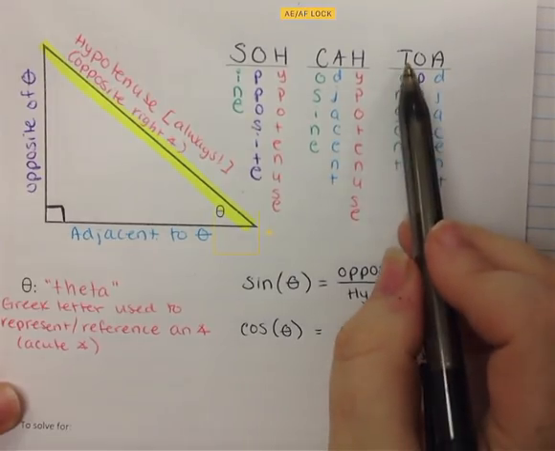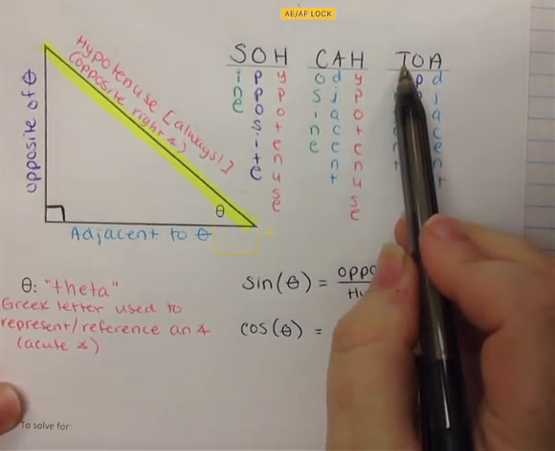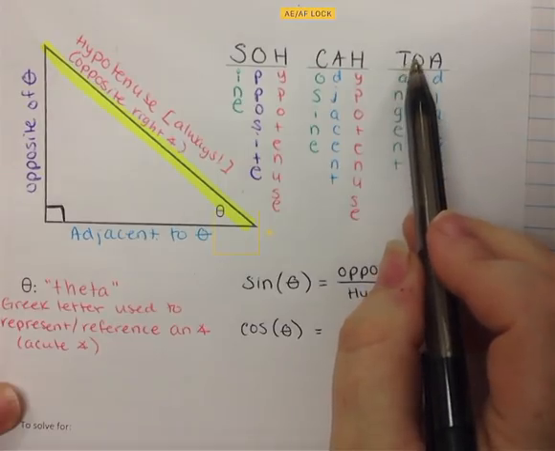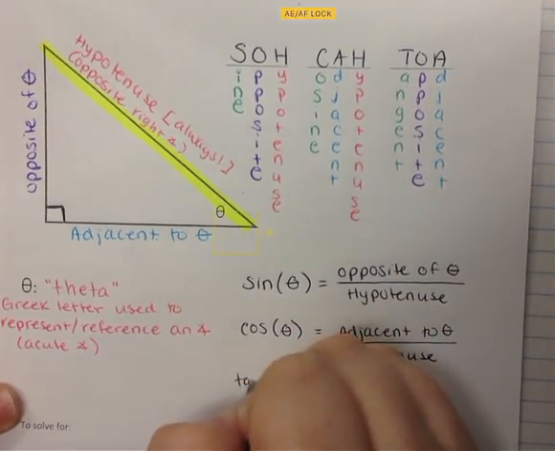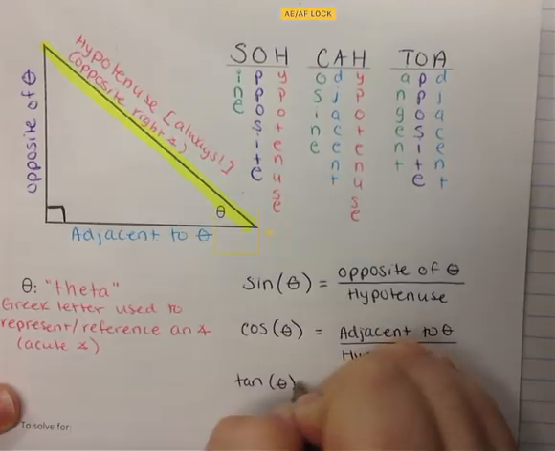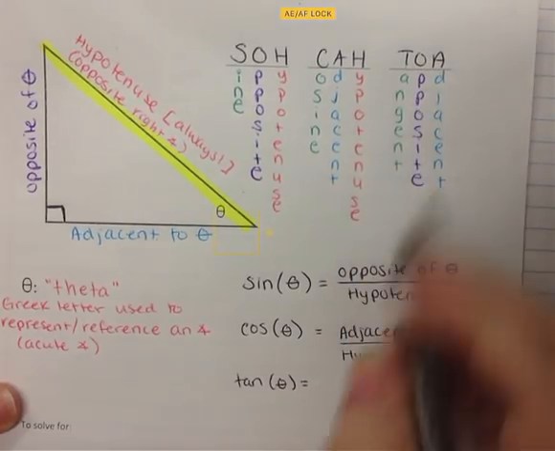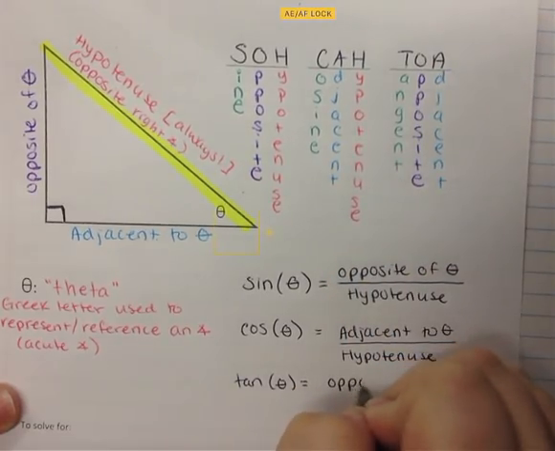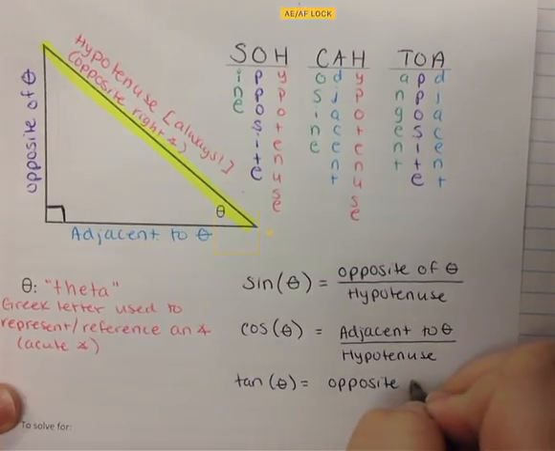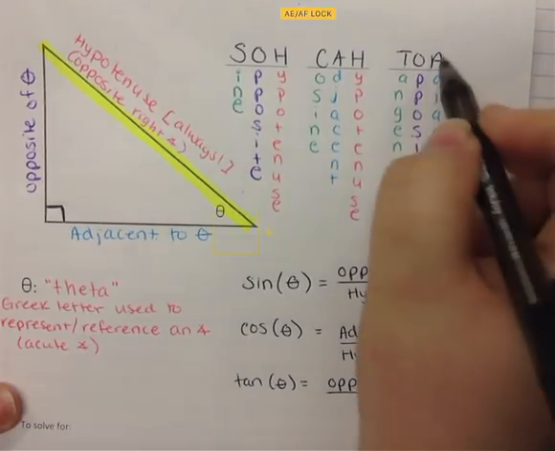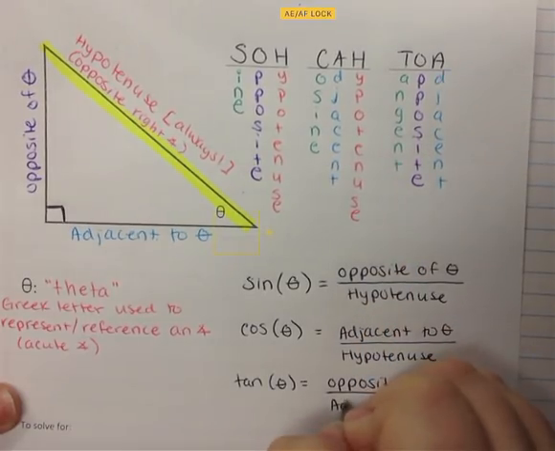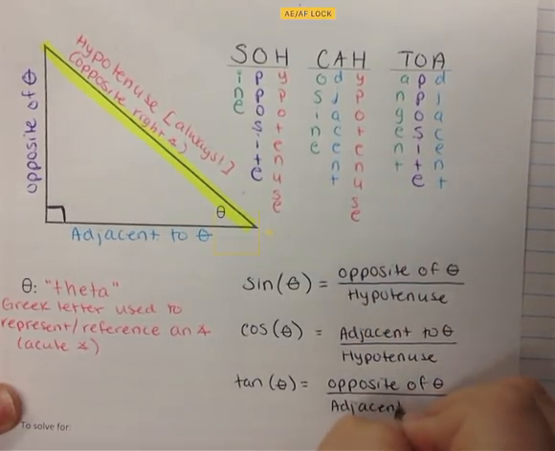And then we'll have the tangent of theta is equal to the opposite over the adjacent. So tangent, or tan of theta, is equal to the opposite comes first, so opposite of theta over the adjacent to theta.